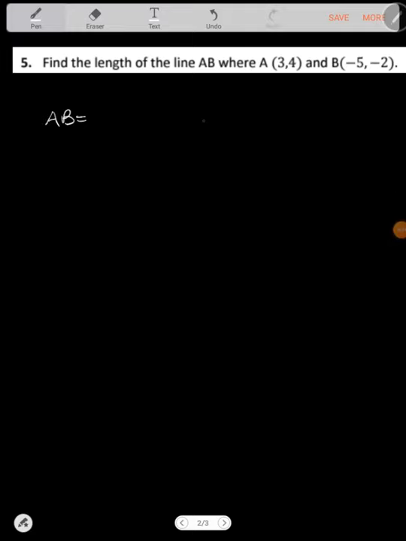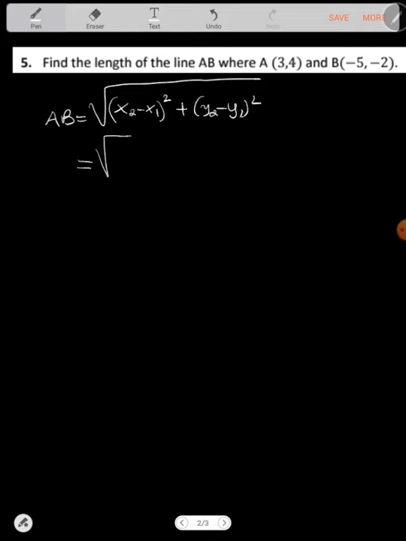The length of the line is given by the square root of x2 minus x1 squared plus y2 minus y1 squared. Need to know this. So in this case, we maintain our x2 from the equation.